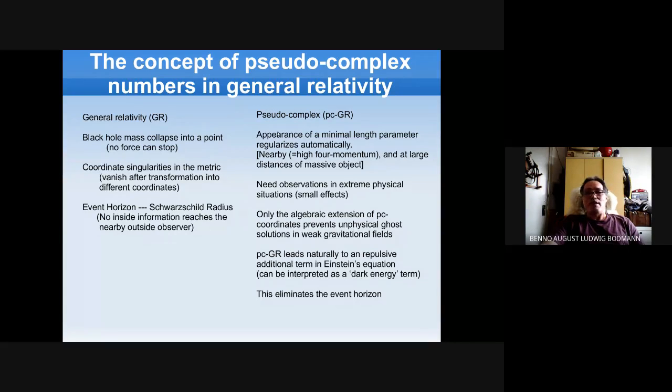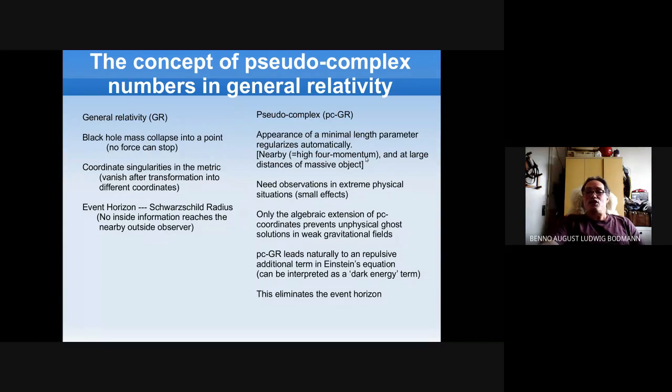Introducing the pseudo-complex coordinates, there appears a minimal length parameter, which automatically does a regularization. If we are nearby, this minimal length treats the high momentum nearby these strong gravitational fields.